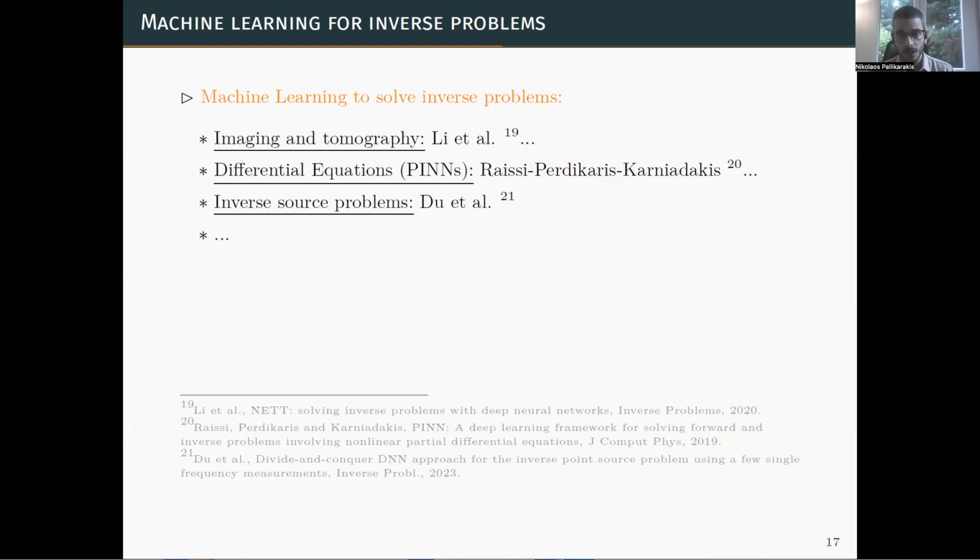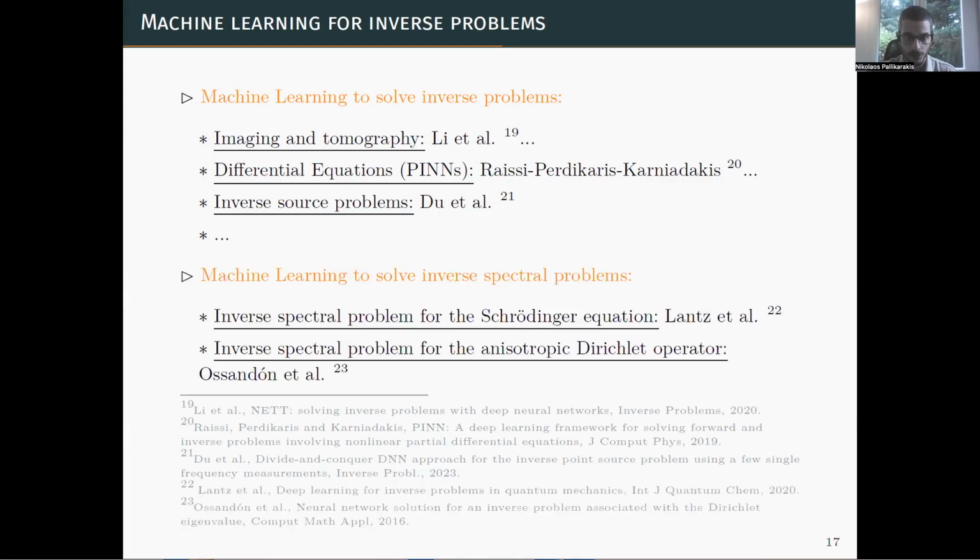In differential equations, especially what are called PINNs, physics-informed neural networks, which are probably the state of the art in scientific machine learning for differential equations, both in direct and inverse problems, by Raissi, Perdikaris, and Karniadakis initially in 2019, for inverse source problems and many other directions.